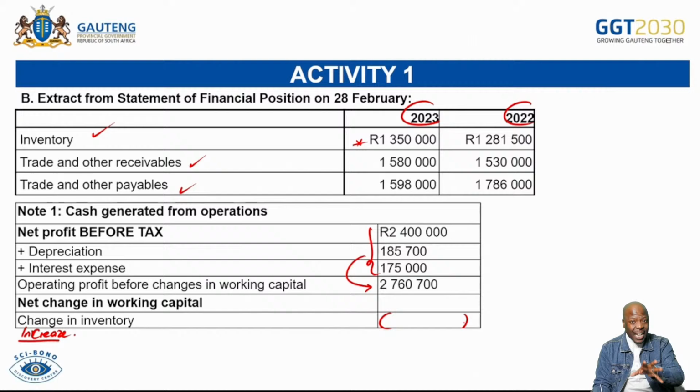I have not even calculated the figure, but I know once it is an increase, it is a cash outflow. So I'm going to say my inventory here is 1,281,500. Then I'm going to take out my 1,350,000. There I close my bracket.